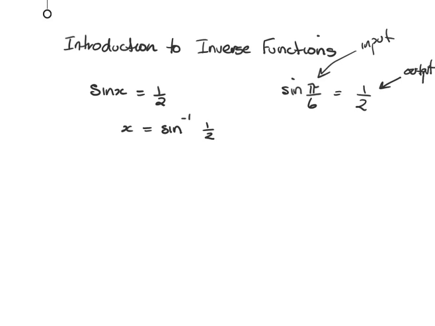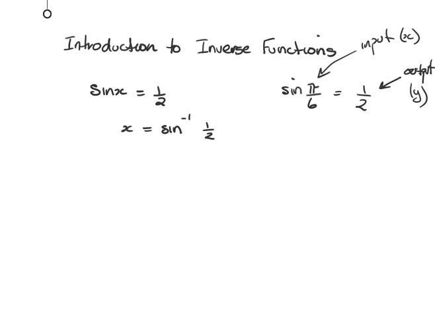We often refer to our input as our x value and our output as our y value. On the other hand, when we know what the output actually is, for example a half, and we're looking for the input, then to find that input we take the inverse function.